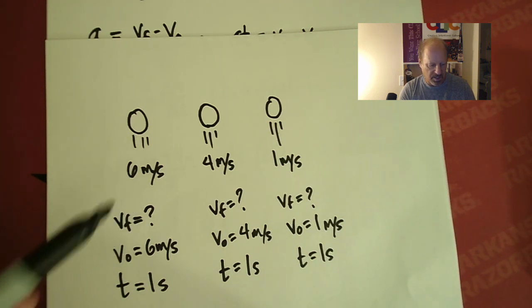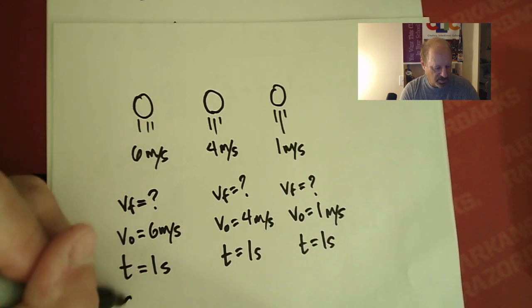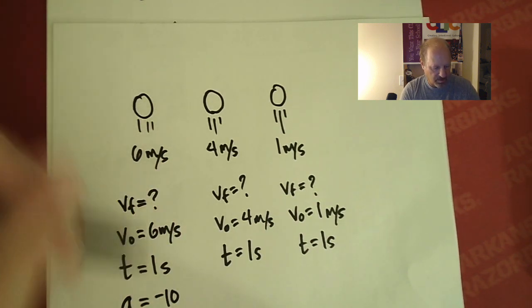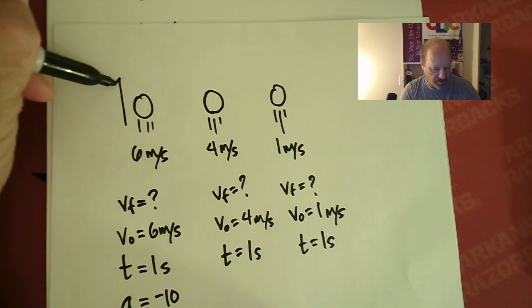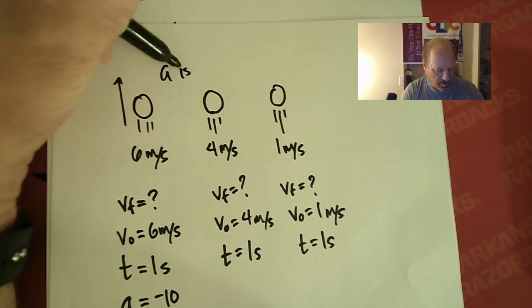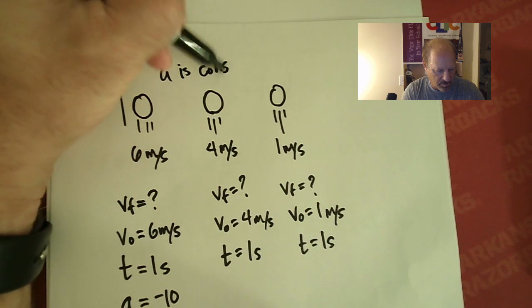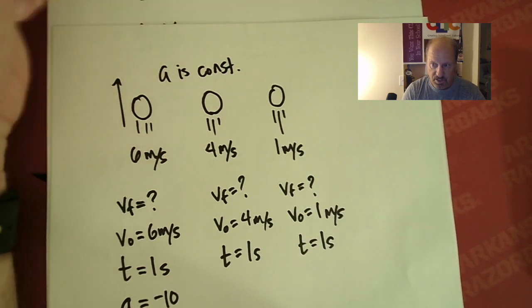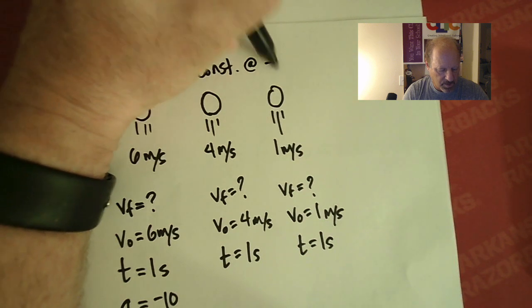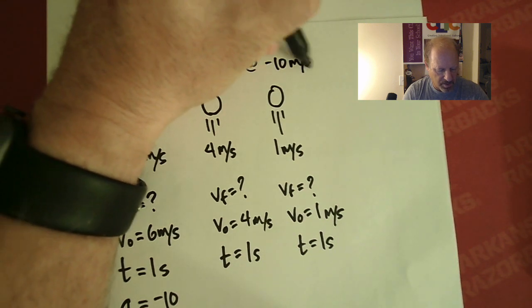And 6 meters per second. The one thing they didn't give us was acceleration, but we know that's -10 because it's falling. It's being thrown vertically upward, so the acceleration is constant, and it's always, for every object that's thrown in the air, any projectile, at -10 meters per second squared.